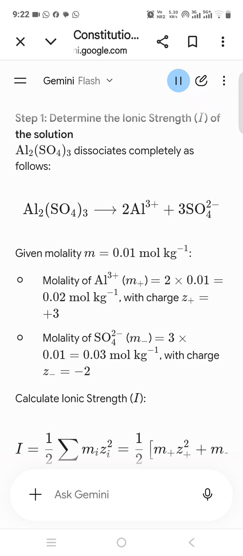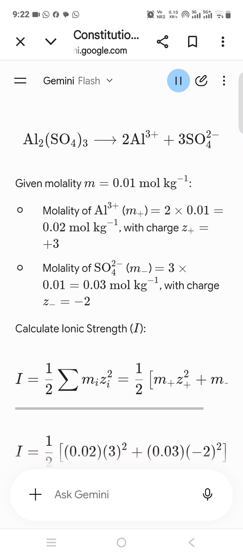Molality of SO_4^2-, m_-, equals 3 times 0.01 equals 0.03 mol kg^-1, with charge z_- equals -2. Calculate ionic strength, I.